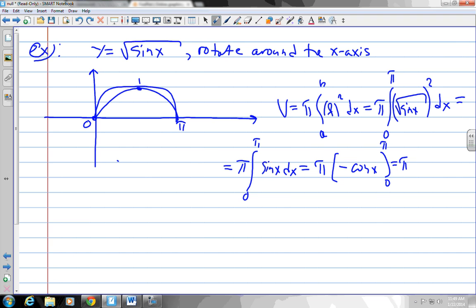So you plug in pi, you get negative of negative 1, right? You plug in 0, you get 1, so it's minus 1, so it's 2, so 2 pi.